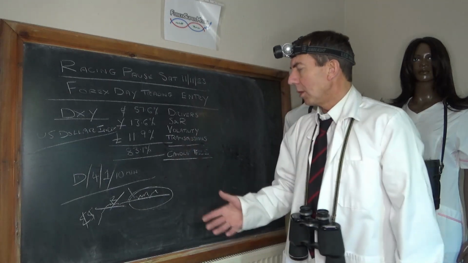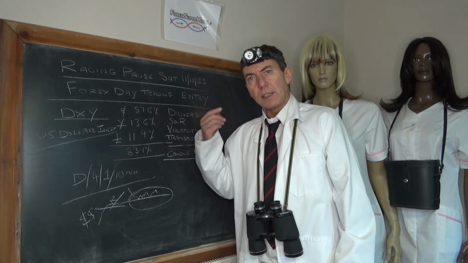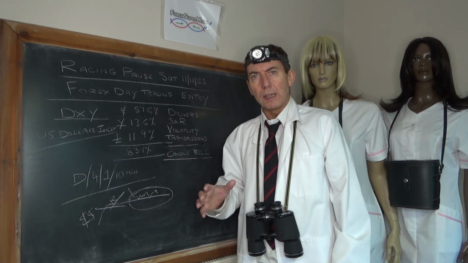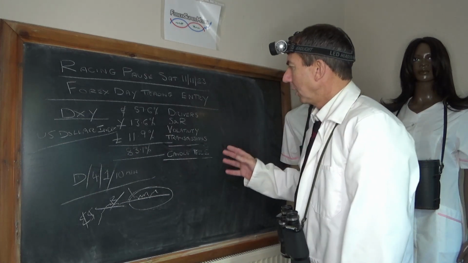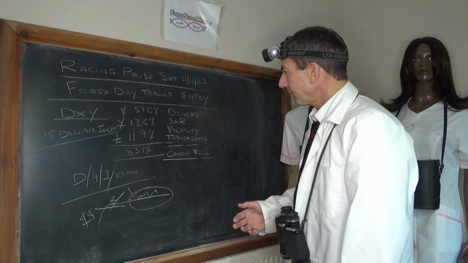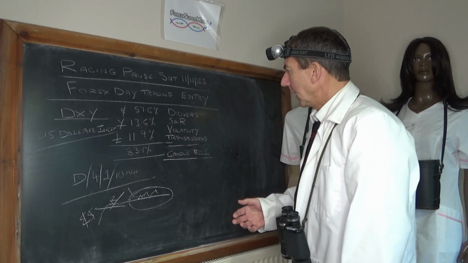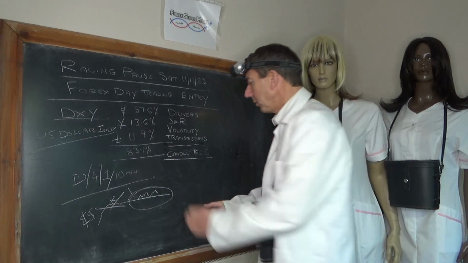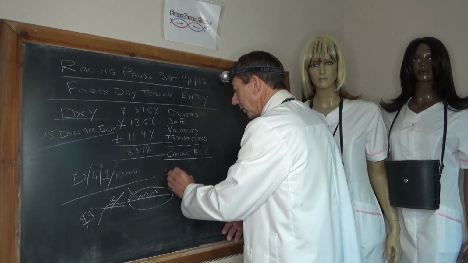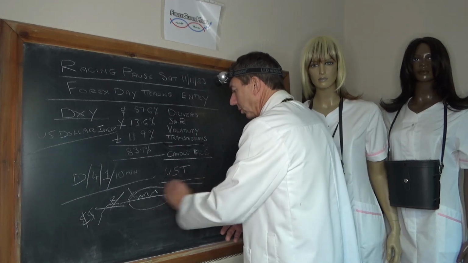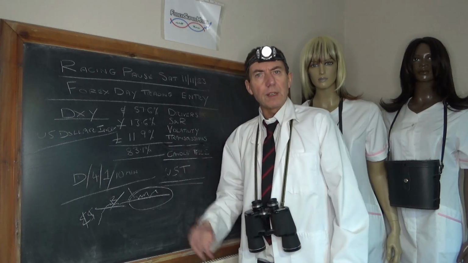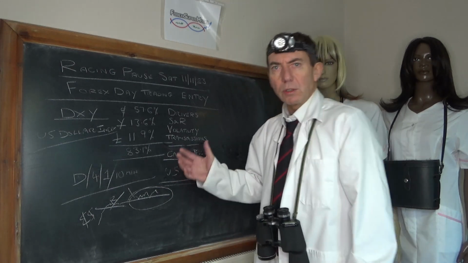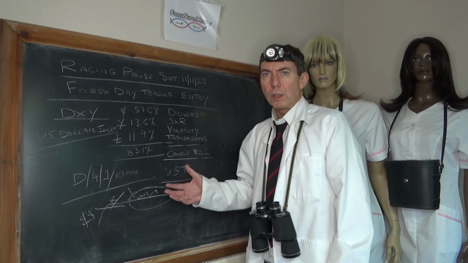So what's driving the market? Is it a dollar move, or is it something else? And how do you ascertain that? Well, if it's a dollar move, we use the UST, so US Treasuries, and we use the short end. We're not looking at the 10-year, the 5-year, or the 2-year particularly. We're looking at the short end, probably 1-year Treasuries.